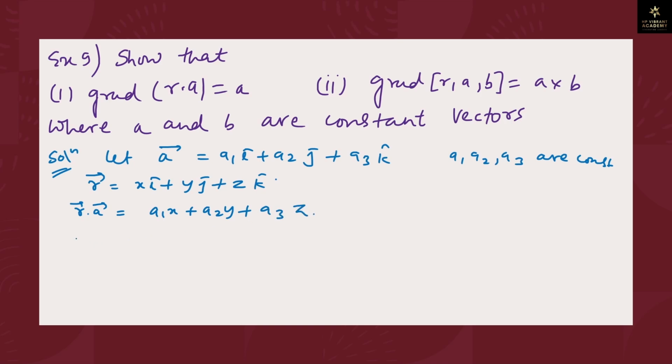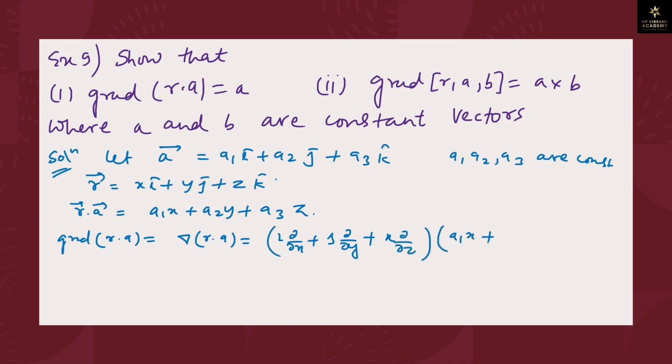Okay, so we have, let us find gradient of r dot a, which is equal to del of r dot a, equal to i del upon del x plus j del upon del y plus k del upon del z of r dot a. R dot a is a1 x plus a2 y plus a3 z.